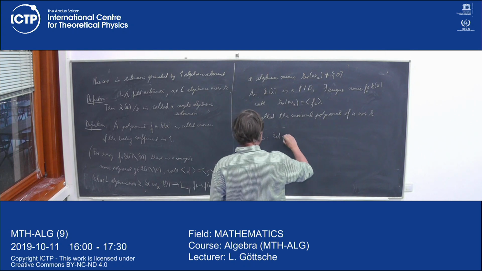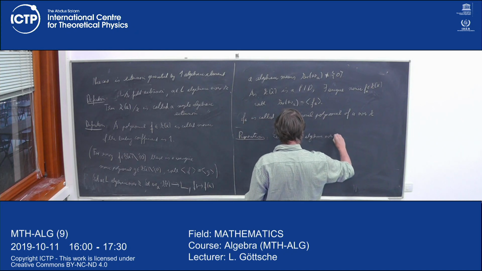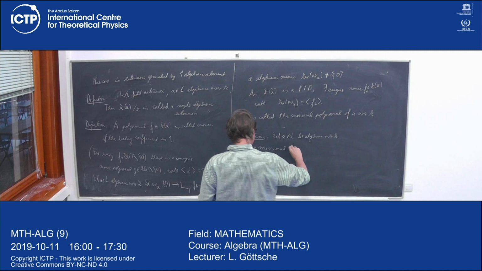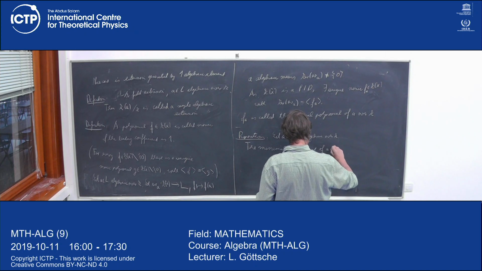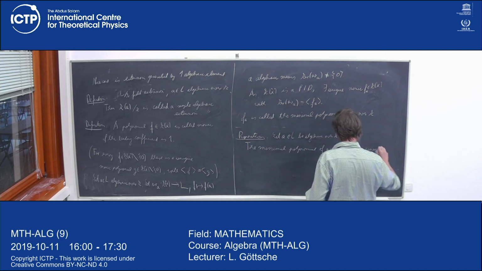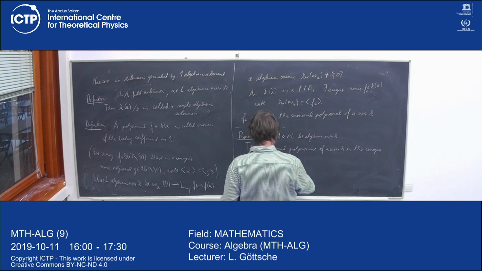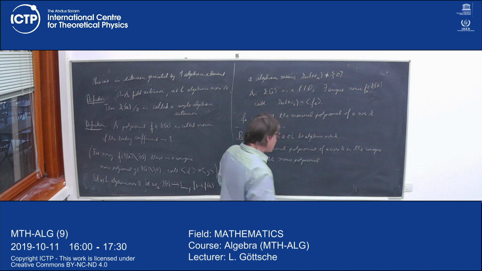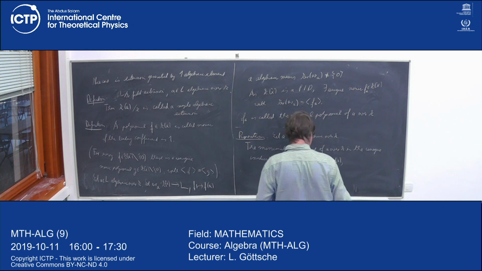Again, a in L, algebraic over K. The minimal polynomial of a over K is the unique irreducible monic polynomial, say f in K[x], which vanishes at a.